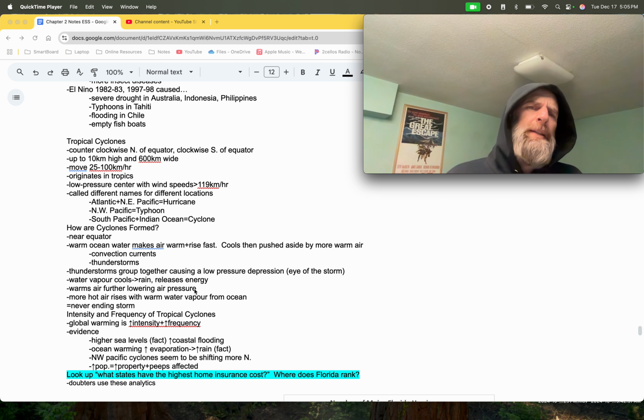They can be up to 10 kilometers high and 600 kilometers wide, and they move 25 to 100 kilometers per hour. They originate in the tropics, a low pressure center with wind speeds over 119 kilometers per hour. They're called different names depending on where they are.